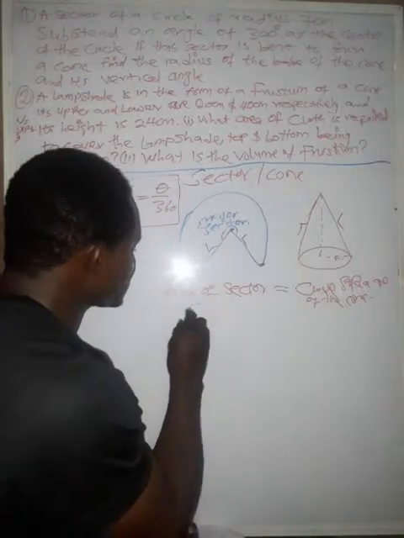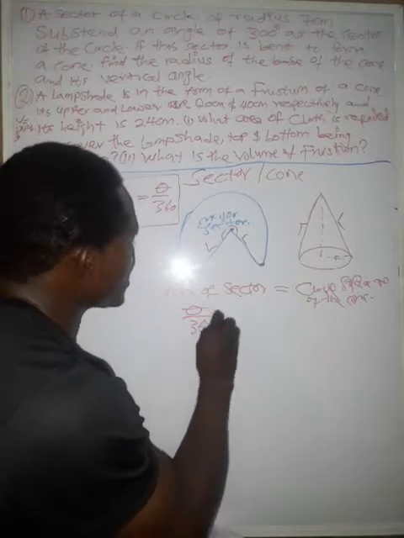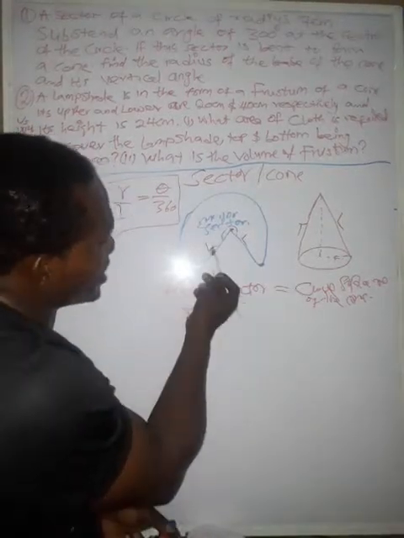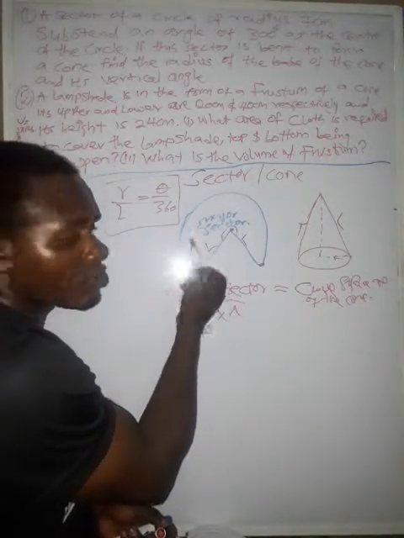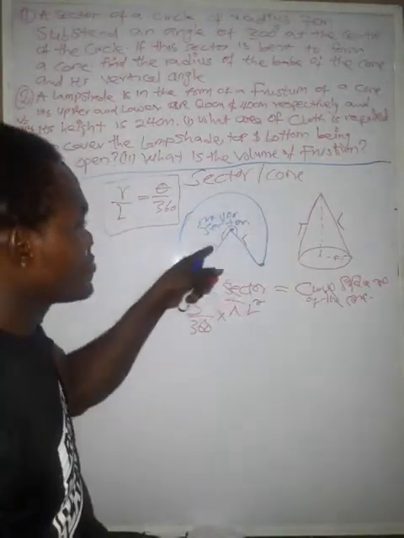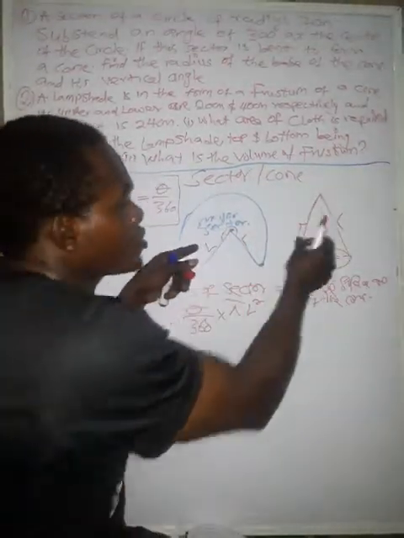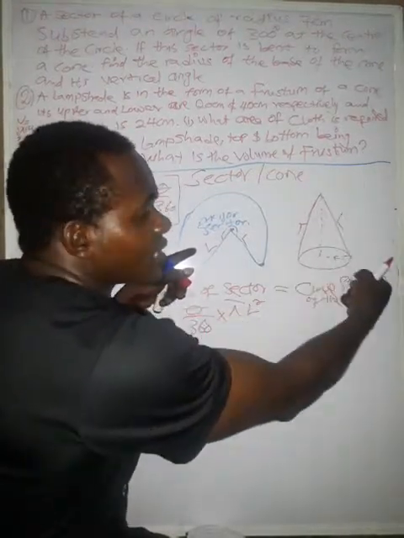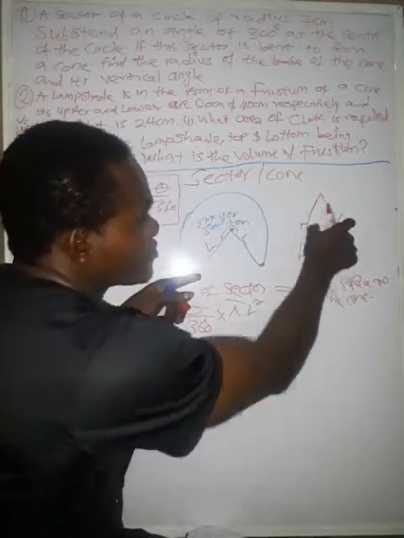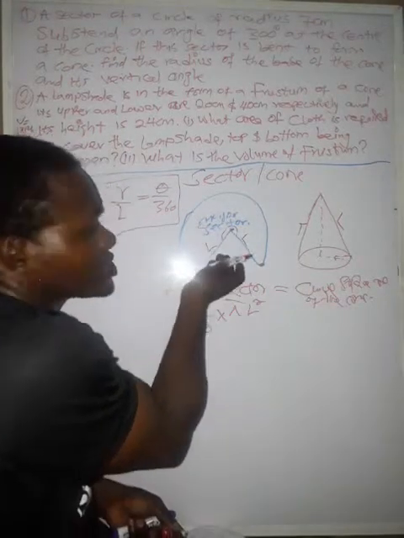The area of a sector is theta over 360 times pi L squared. Don't get it twisted: I'm using this as L, because here it is a radius, but once you come to the cone, it becomes the slant height, while we use r as the base radius of the circle for the cone. So I have theta over 360 pi L squared for the sector.